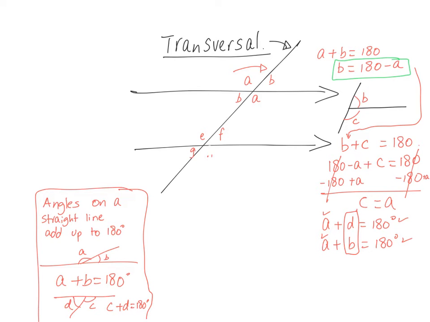So instead of H, I can write an E, and instead of G, I can write F, because they're equal.